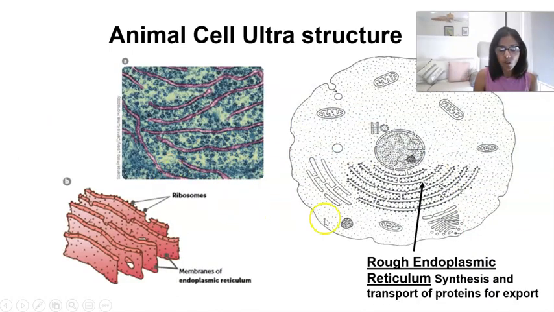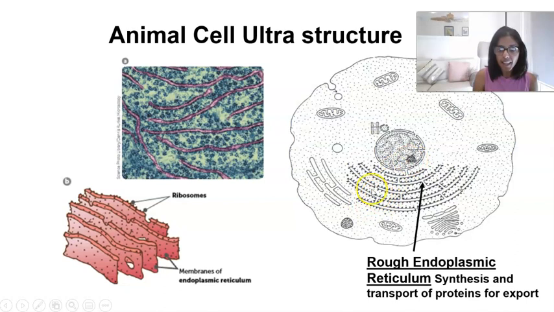Alright, so now we're moving on to the outside of the nucleus, and we have got these flattened tubule looking things that are all connected by these vertical lines, and attached to them you have these little black dots. So these are the ribosomes. So these are the things that the nucleolus makes.